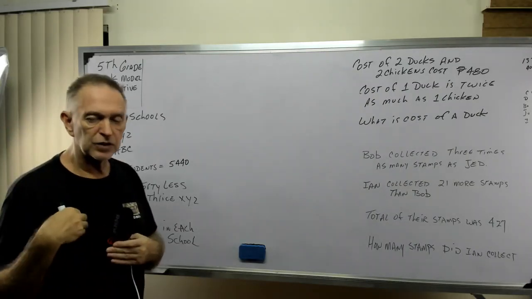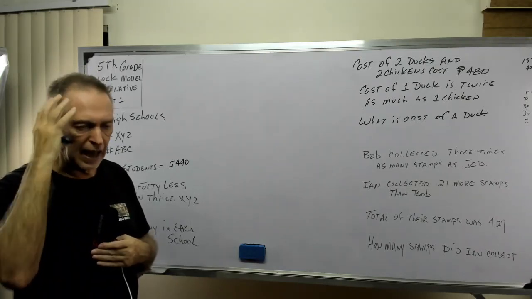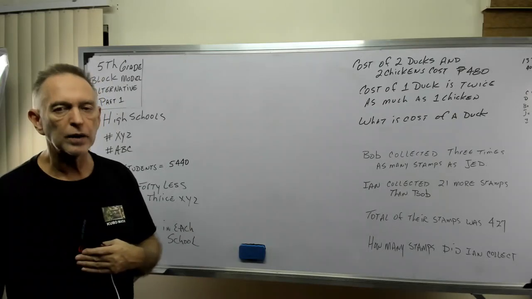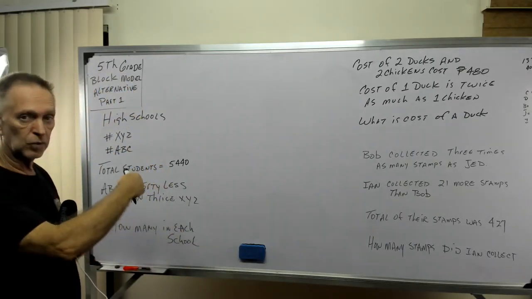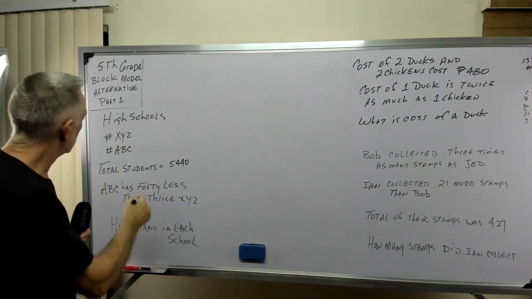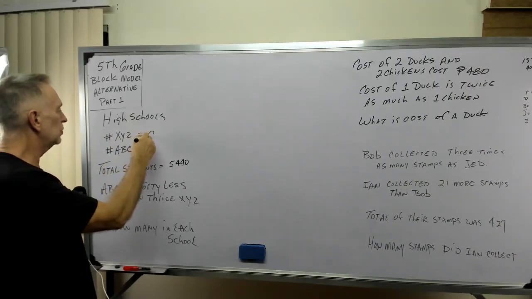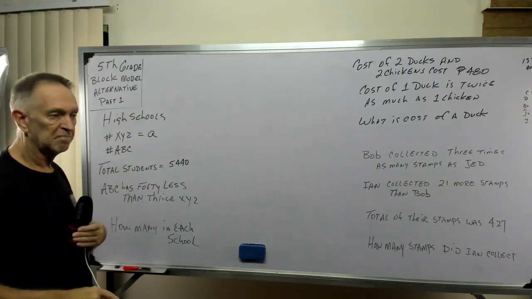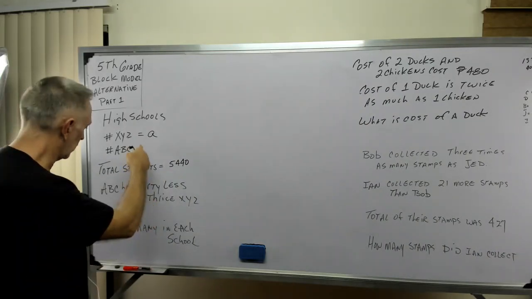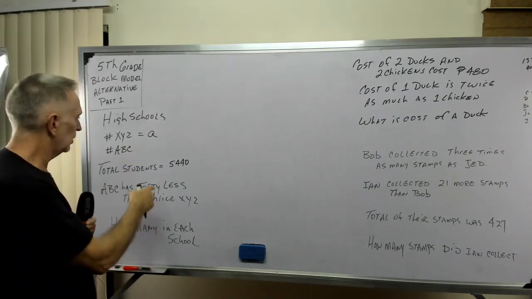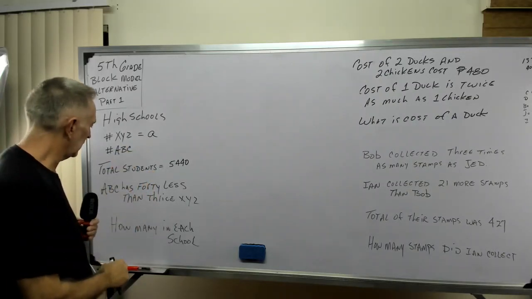Now, for me, instead of doing the blocks, I used to just think, okay, A is something I want to know. And I would assign that variable to one of these items. So let's let A be the number of students in school XYZ. A is just something I want to know. Now, we eventually want to know how many is in each school, but they're comparing everything to XYZ.